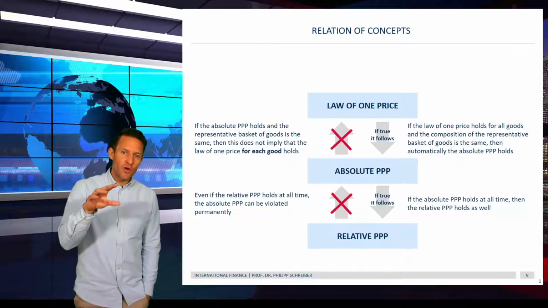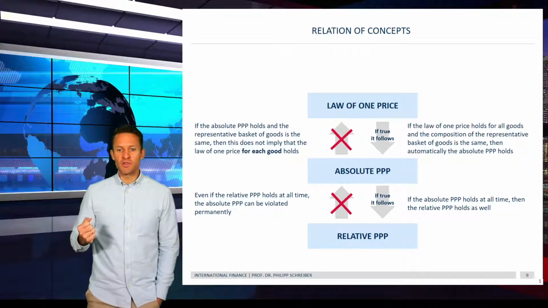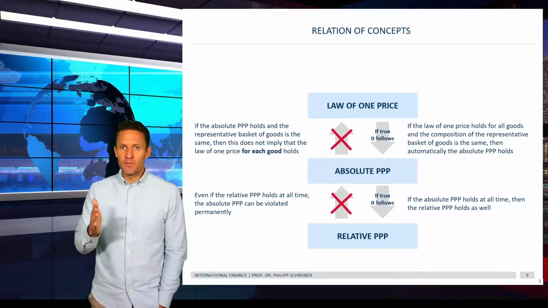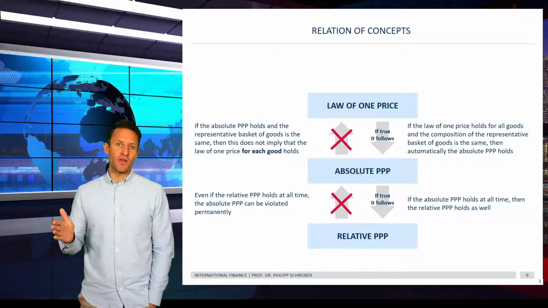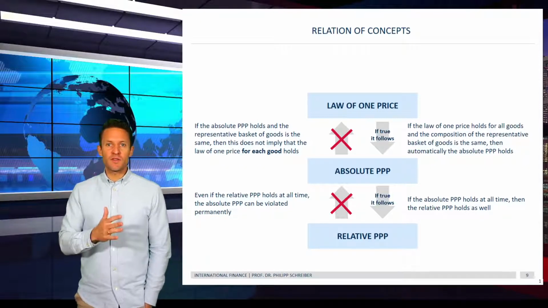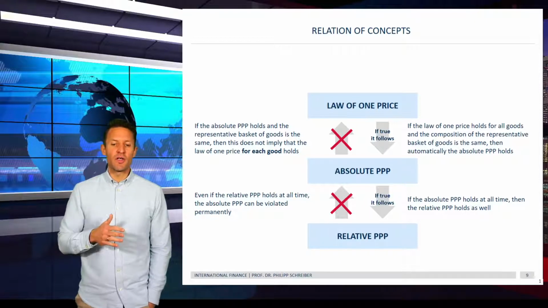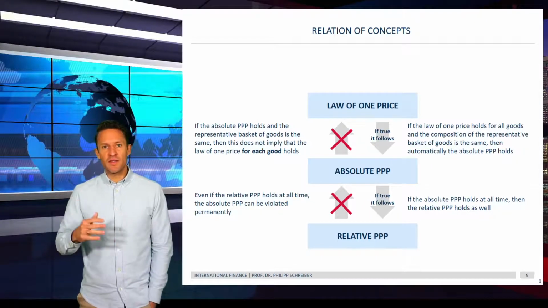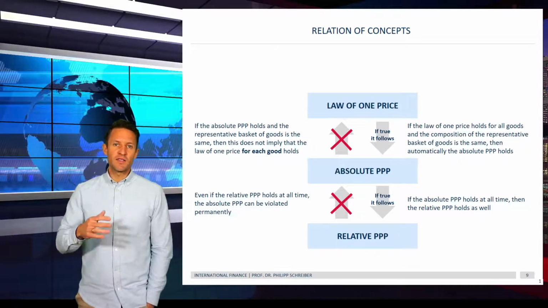So how are those concepts related? The strongest concept with the strongest assumptions is the law of one price. It says every single product has to have the exact same price in each and every country. The Big Mac has to cost the exact same in Lebanon, Switzerland, US and Germany. And not only the Big Mac, but also the Mercedes-Benz and the haircut and your new Nike sneakers and so on and so forth.